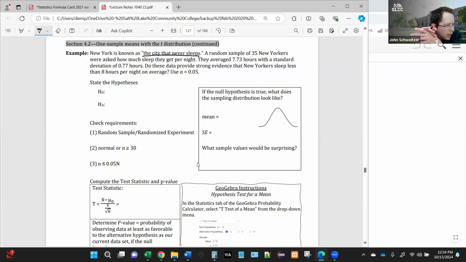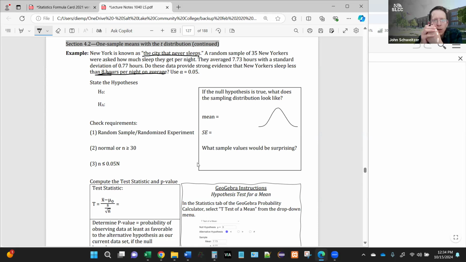So let's test that out. Okay, of course they're sleeping, but maybe they're sleeping less than average, right? So I think we all have heard that 8-hour figure before, right? So if 8 hours is sort of the recommended amount, let's see if New Yorkers are sleeping less than the recommended 8 hours per night.